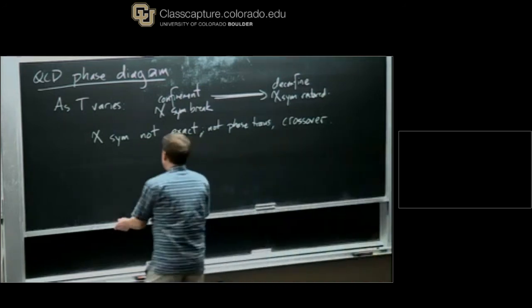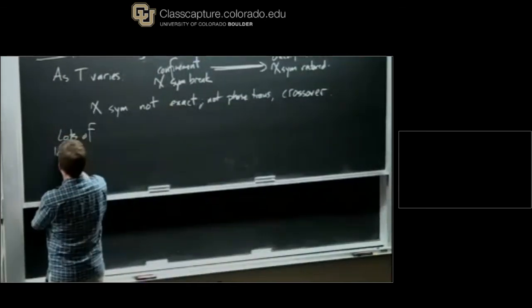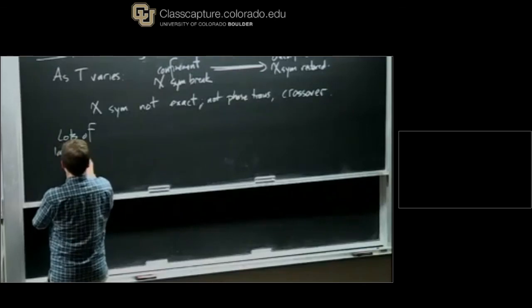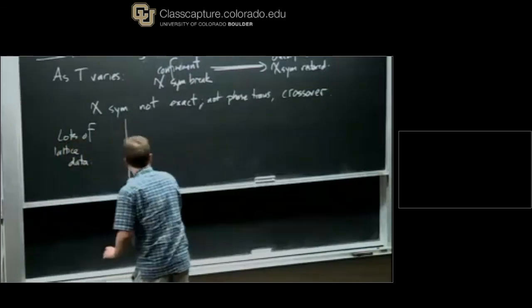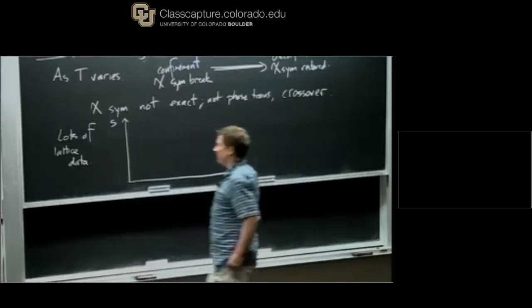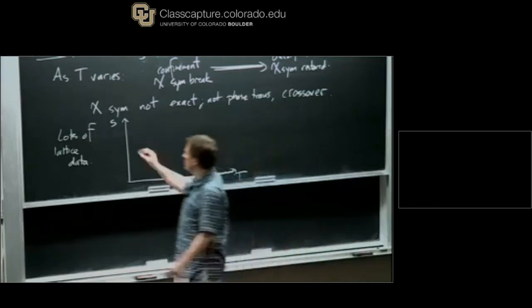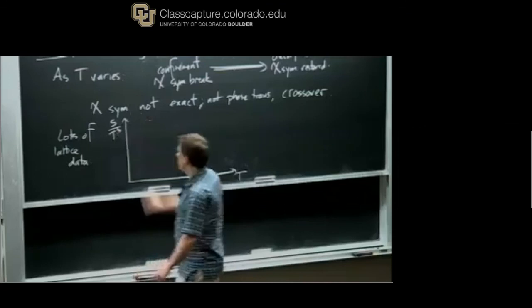So, for example, there's lots of lattice data calculating quantities like how, with temperature, the entropy density varies. Now, the entropy density actually has units because of the volume in the denominator, so let me calculate a dimensionless quantity by normalizing it by T cubed.